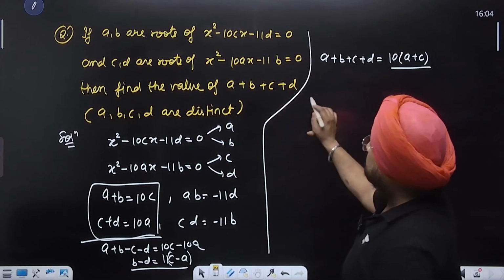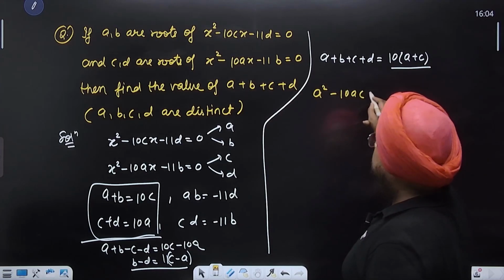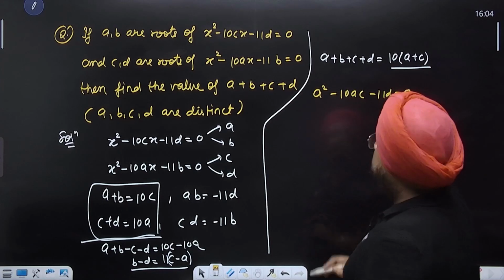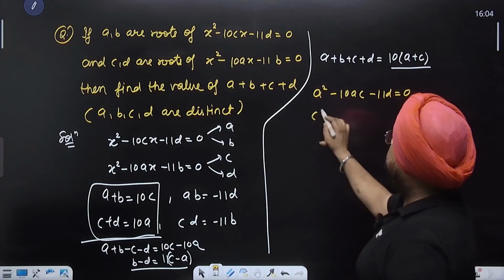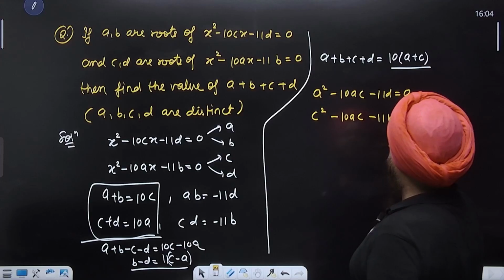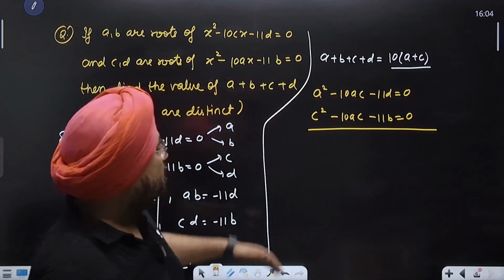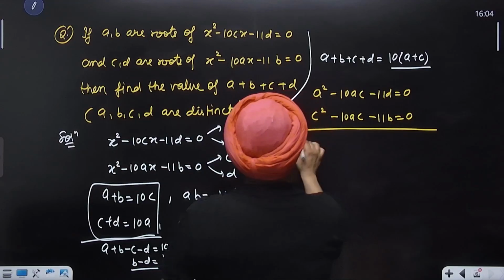So in the first equation I am putting the root a: a square minus 10ac minus 11d is 0. In the second equation I am putting the value of c: c square minus 10ac minus 11b is also equal to 0. Now I will subtract these two equations.